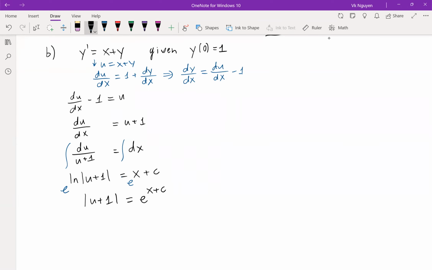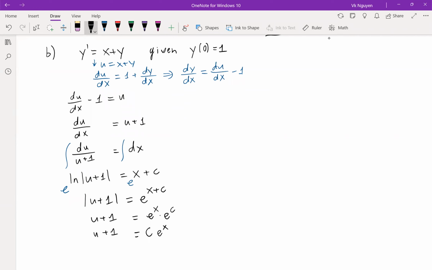Well, e^(x plus c) is positive, so we don't need the absolute value anymore. u plus 1 equals e^x times e^c. e to the constant c is just going to be another constant. So u plus 1 is c e^x.